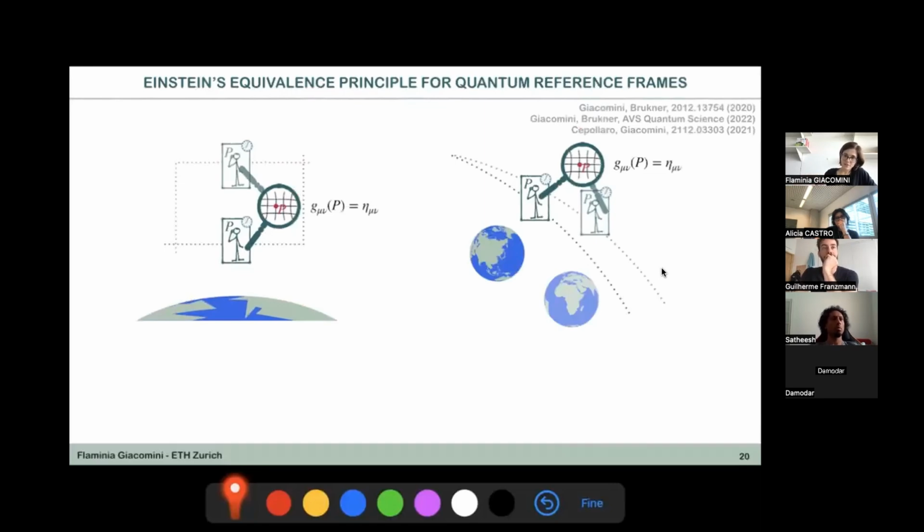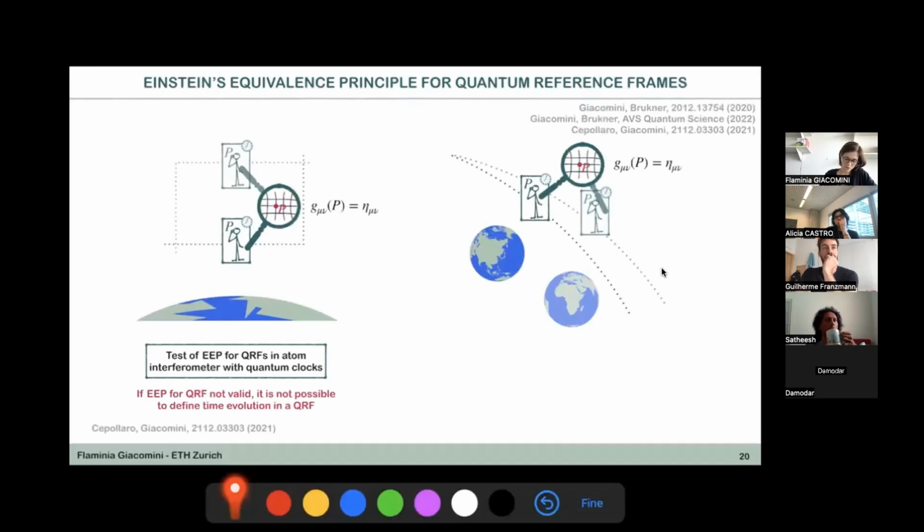There you can formulate a quantum reference frame transformation to the quantum reference frame of each one of the clocks that is in a quantum superposition in the interferometer, and verify that you can make the metric locally Minkowskian at the position of these clocks.